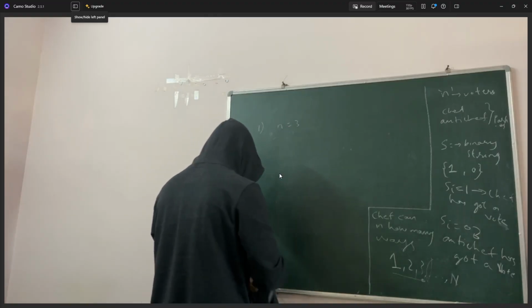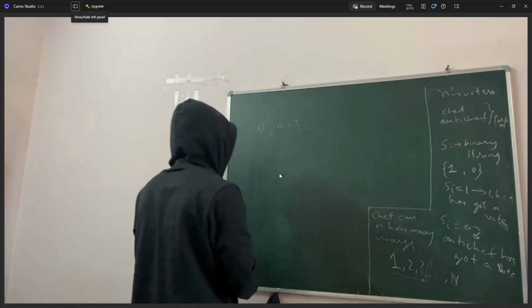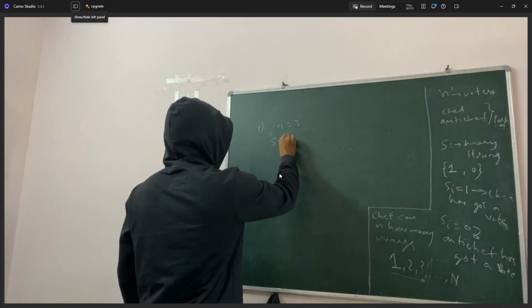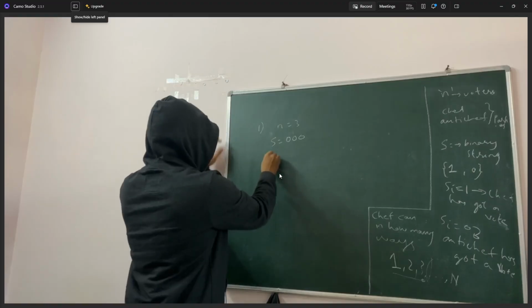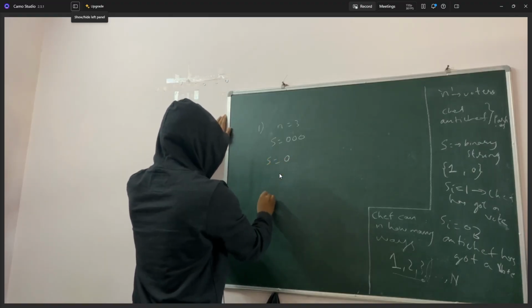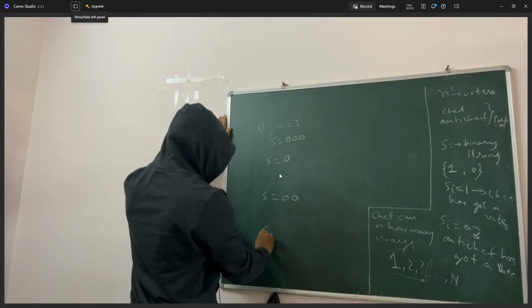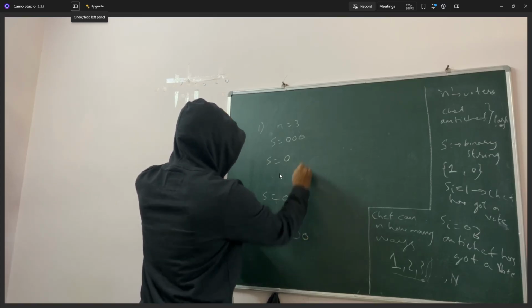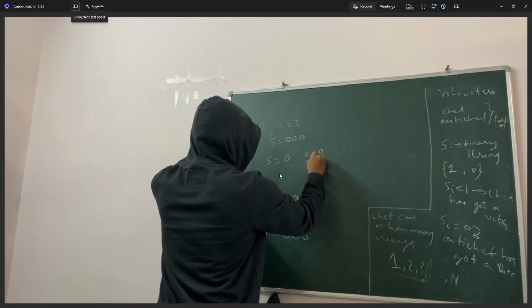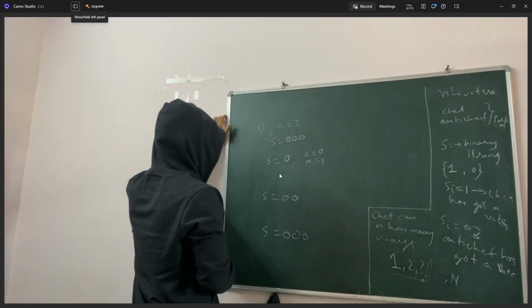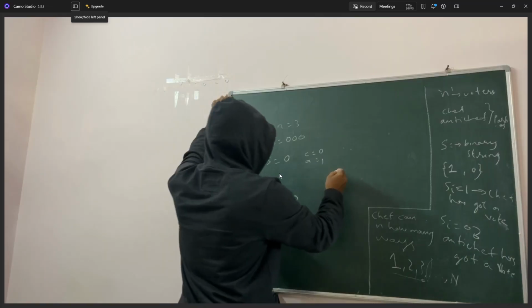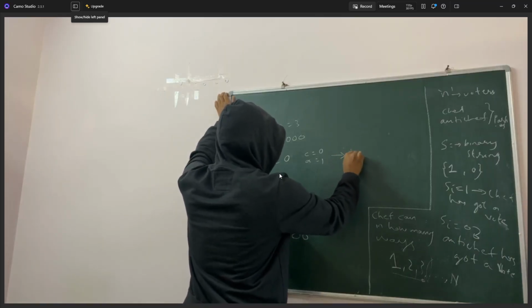Now similarly in the second test case, what we have is n is 3, s is 0, 0, 0. So again 3 possibilities are there. Here chef has got 0 votes, anti-chef has got 1 vote, because s of i is 0. So clearly as you can see here chef has lost.